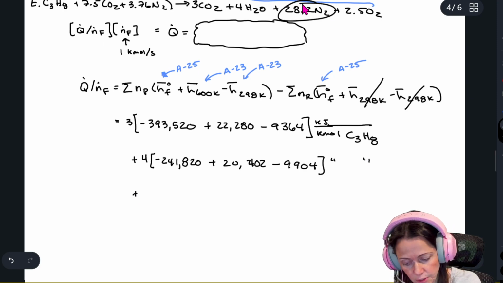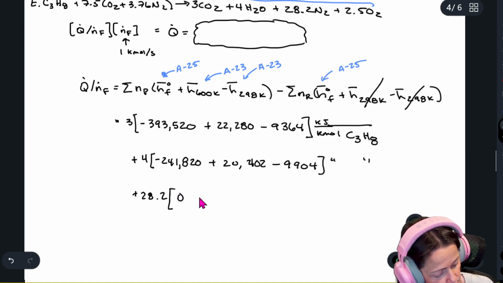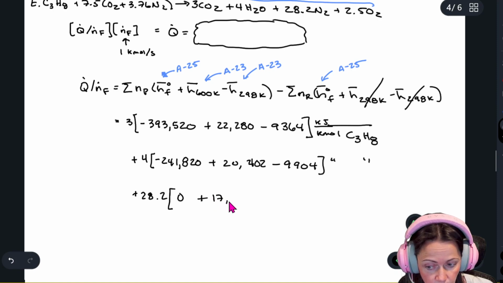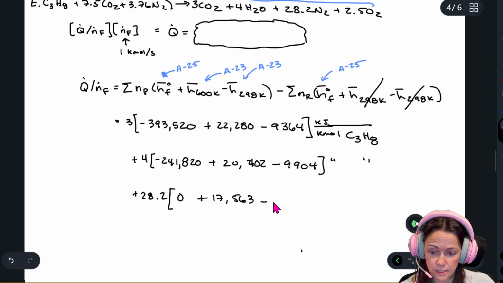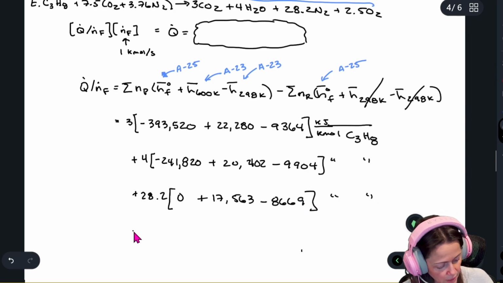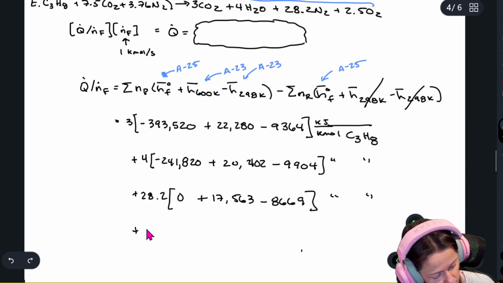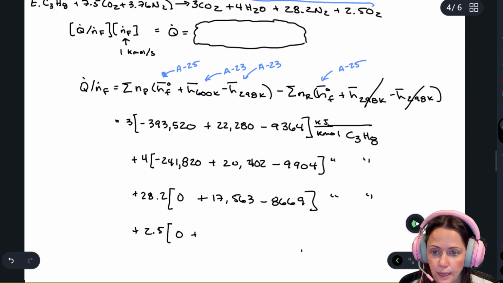Now we've got our nitrogen. So, 28.2. Our enthalpy of formation for nitrogen is 0. Enthalpy at 600 is 17,563, and at standard reference state we've got 8669, same units, carrying all the way down. Plus, now we've got our oxygen. So I got a 2.5. The enthalpy of formation for oxygen is 0.